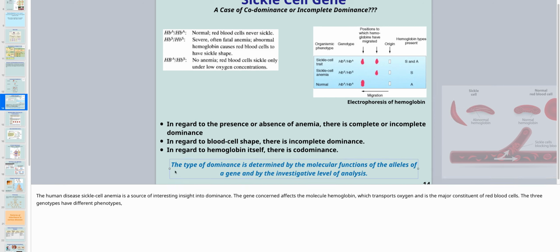This emphasizes that whether something is codominant or incomplete dominant often relies directly on the level of our investigation.